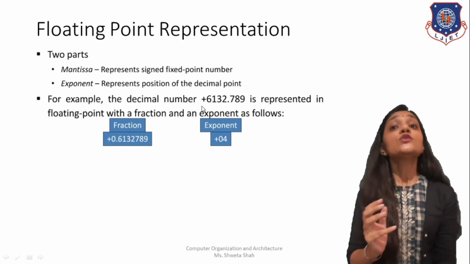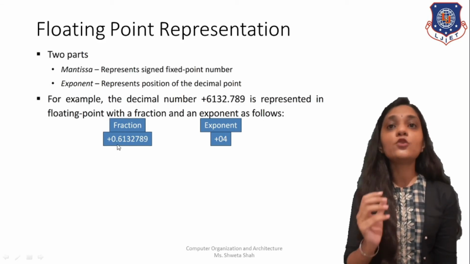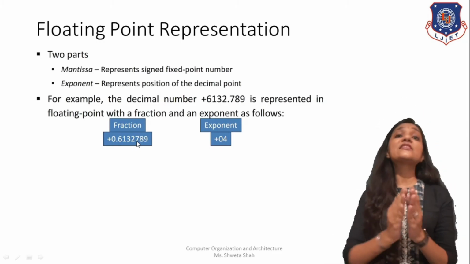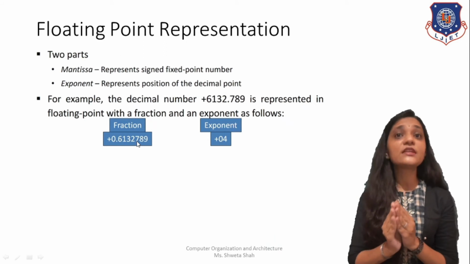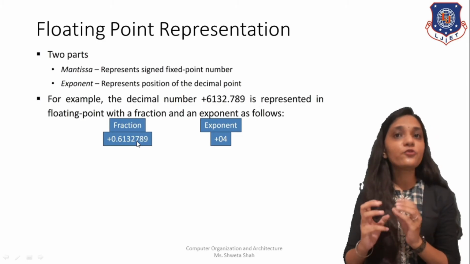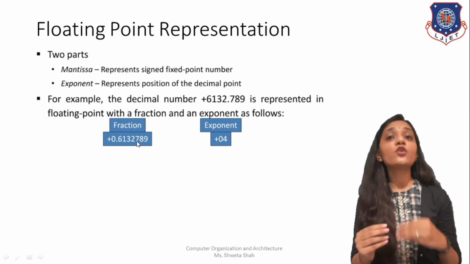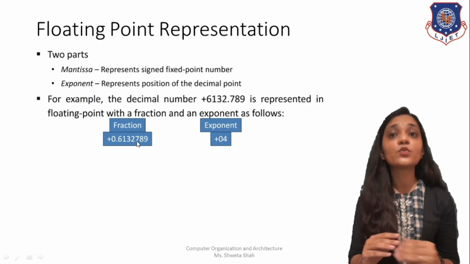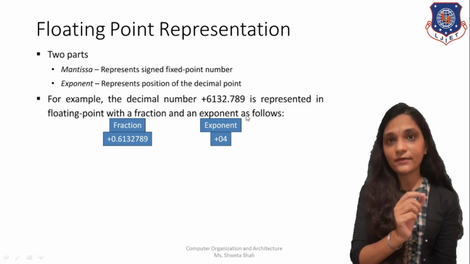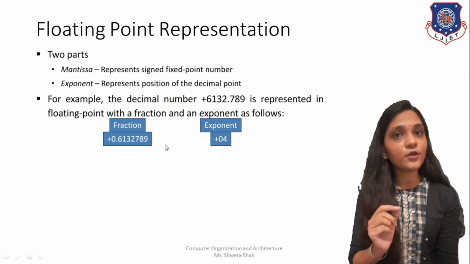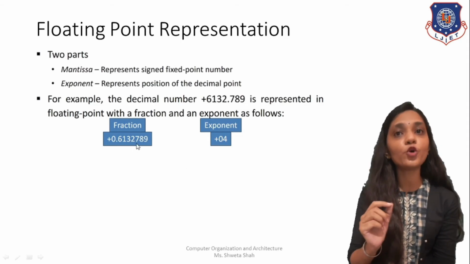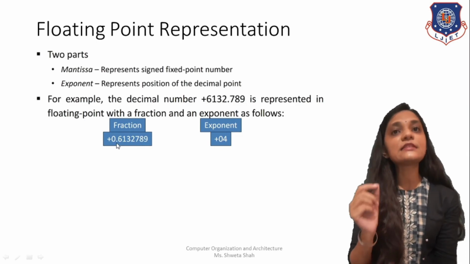So we will have 0.6132789, but this is not the actual number. Our actual number is 6132.789. This is just a fractional part. To get the actual number, you have to multiply this by 10 raised to 4. Then and only then it will be your actual number, 6132.789. So here the exponent for our base 10 will be 4. Why? Because we have shifted the decimal point 4 times.